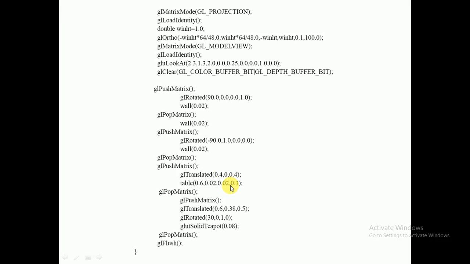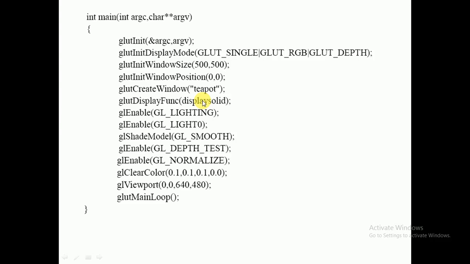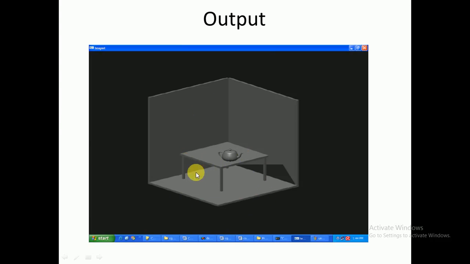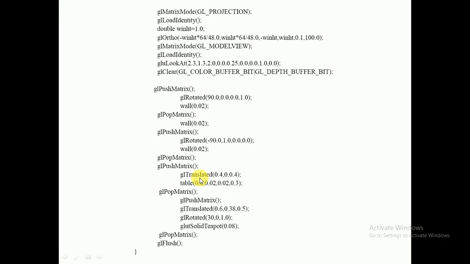Right? Then glRotated. As I told, I am drawing a wall here. Then I will rotate 90 degrees about Z axis. Simply I will rotate that wall, then that wall will come and stand here, right? How have we done that? You see here, a 90 degree rotation.